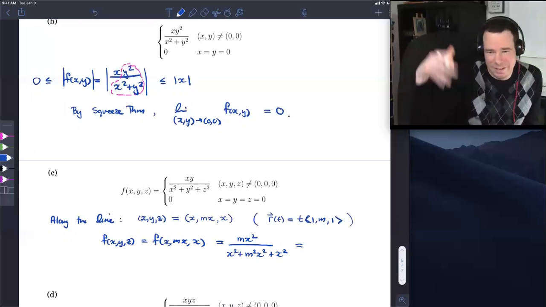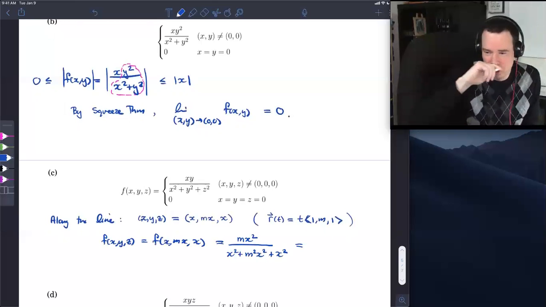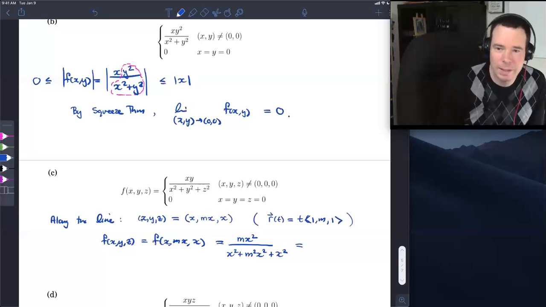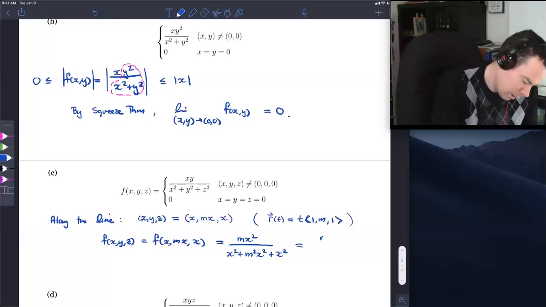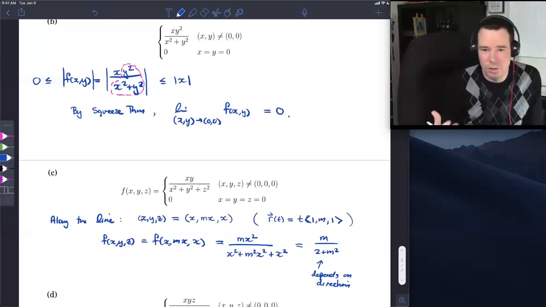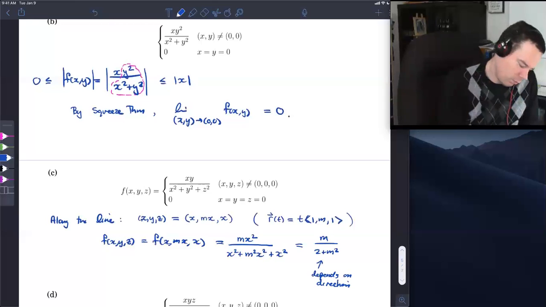This is where I'm using the fact that the top was kind of a degree 2 thing and the bottom was degree 2, so if I make a linear substitution for the variables in terms of each other, I get all this cancellation happening. So this becomes m over 2 plus m squared. And that means this depends on direction. The value of the function depends on which direction you approach the origin from, and therefore the limit does not exist.